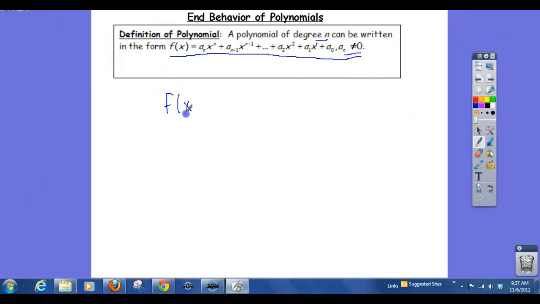But if I give you this polynomial here, 4x cubed plus 5x squared minus x plus 10, well, this here is called my leading term.